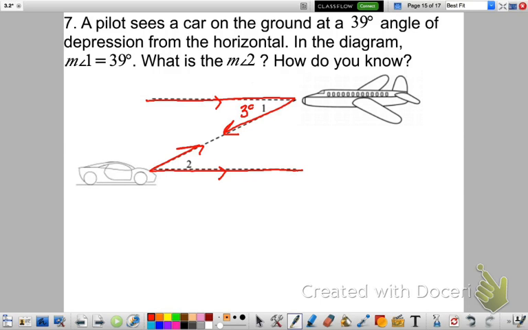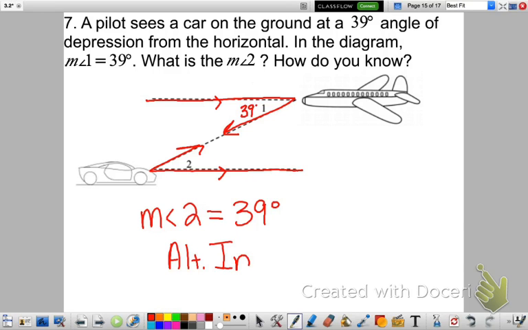We're told that angle 1 is 39 degrees. We need to find the measure of angle 2 and tell why. You should be able to see that the measure of angle 2 is also 39 degrees. And the reason is because 2 and 3 are alternate interior angles. Okay?